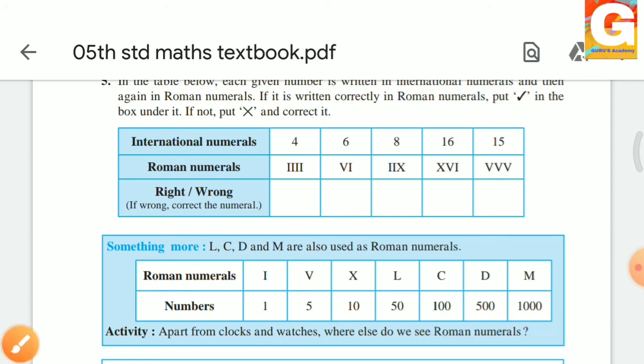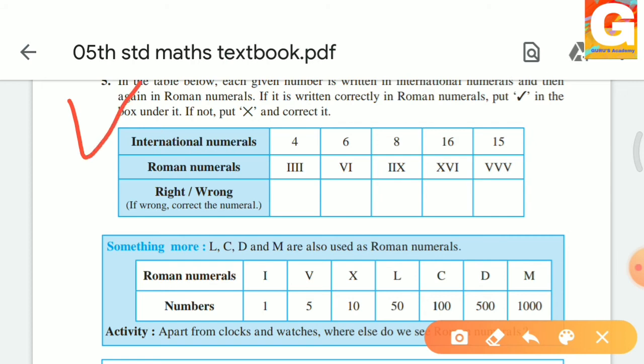What is the next number? Next number is number 8. But we know how we are supposed to write 8. 8 means what? This is your 5 and 3 numbers after 5. 5 plus 3 makes 8. But what have they written? Is it correct? No, that is wrong. So you will put your cross mark over here. Wrong.